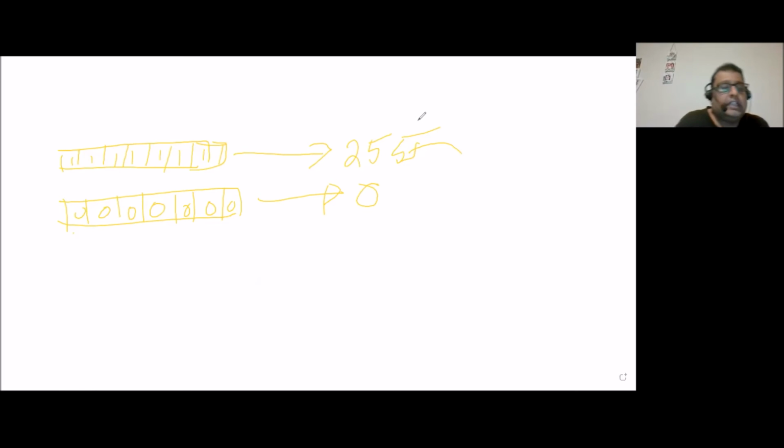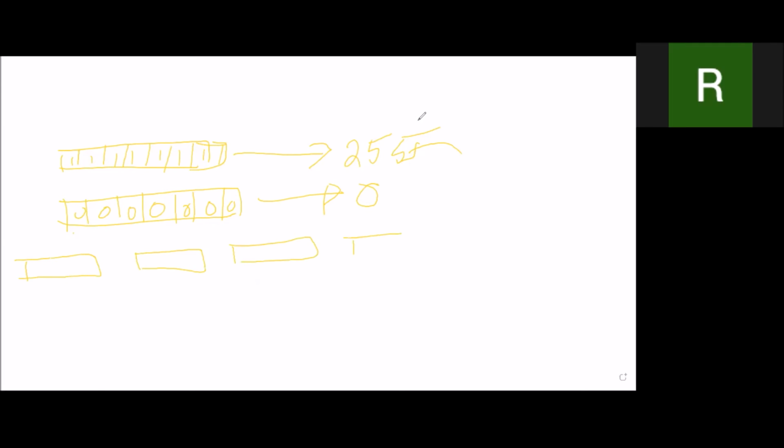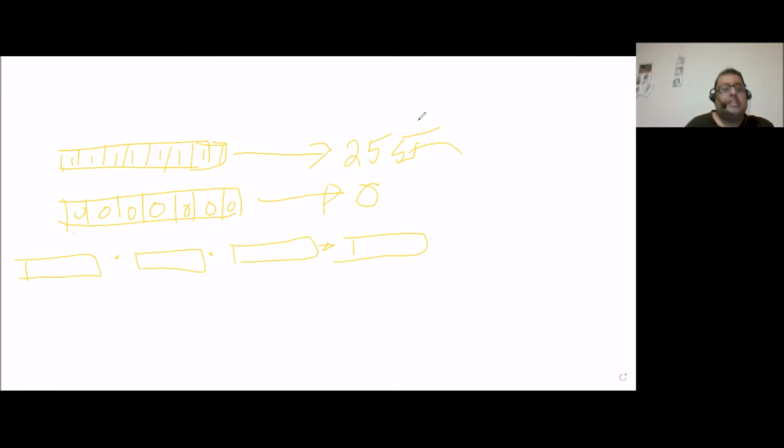The maximum value of these 4 octets together, I mean the decimal value, will be 255.255.255.255. That's the maximum value of a TCP/IP v4 address.